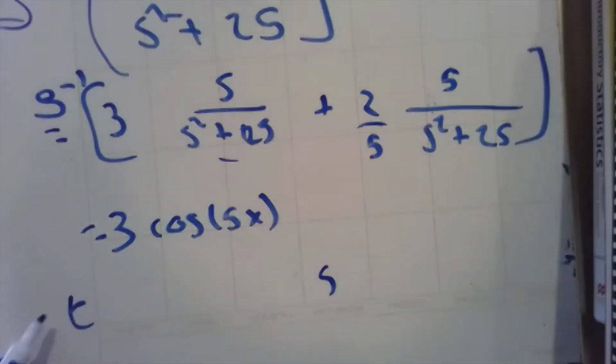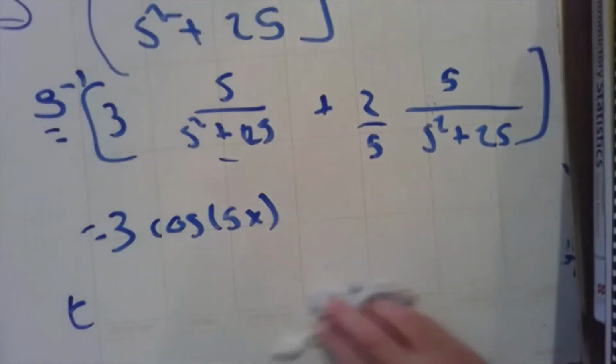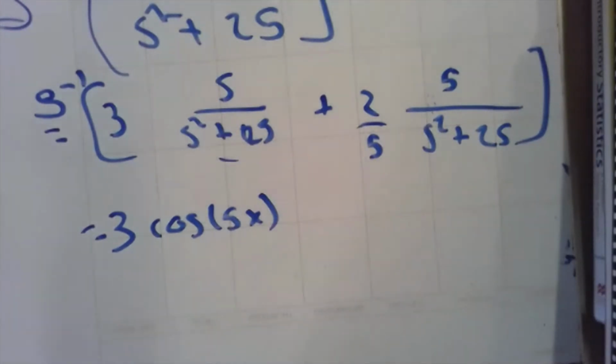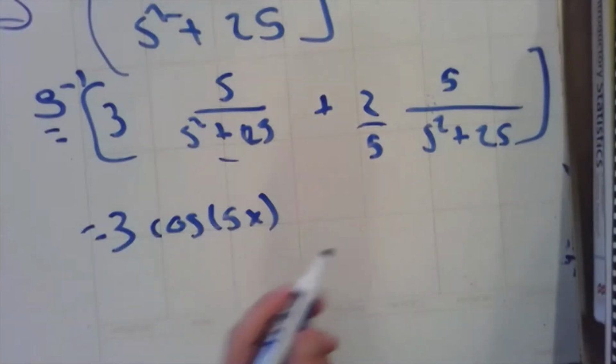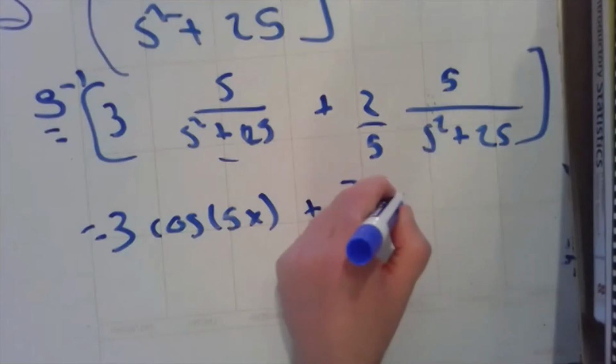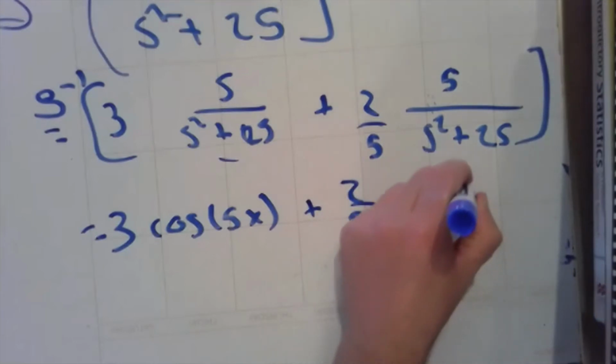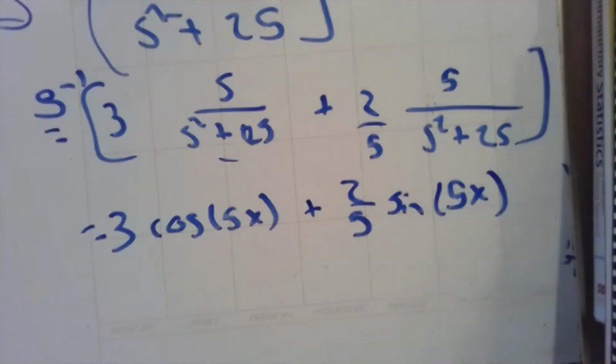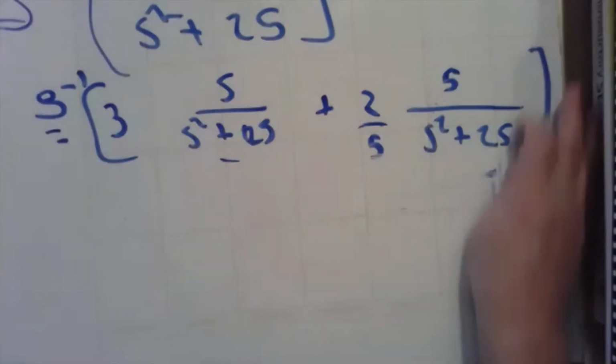Whether we call our regular domain t or x doesn't really matter. So since I've already started writing x, I'm going to continue with x. And this is sine of 5x.